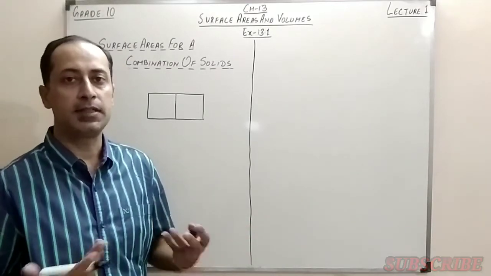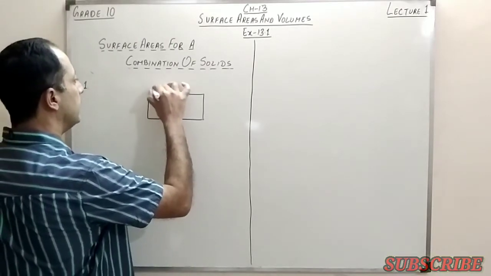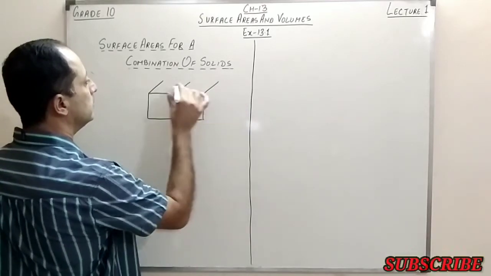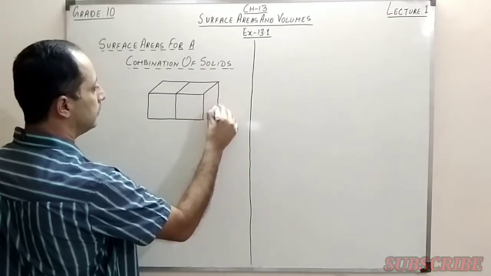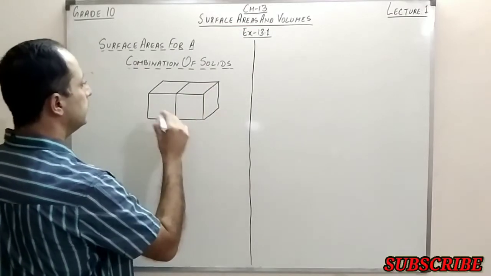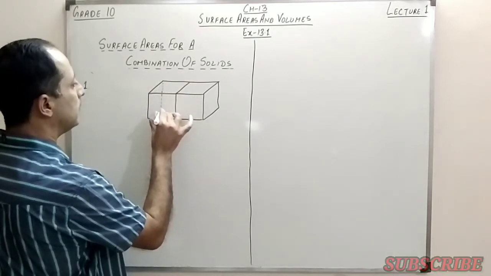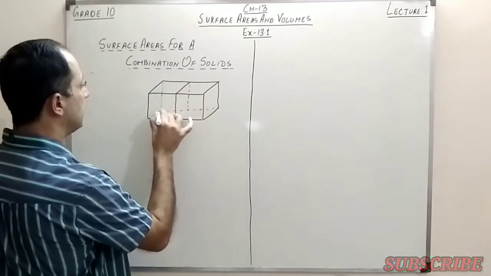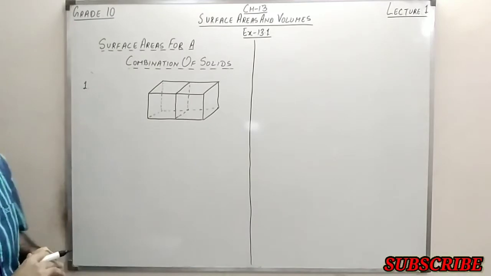It forms the same kind of cuboid, right? So these are the two cubes which are joined together.